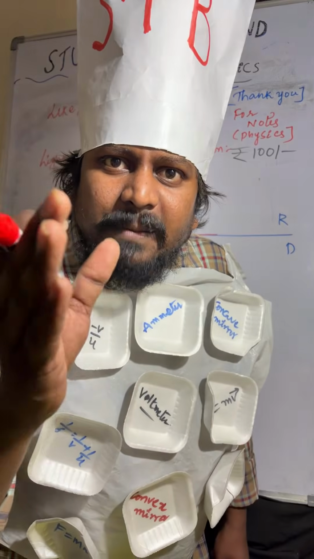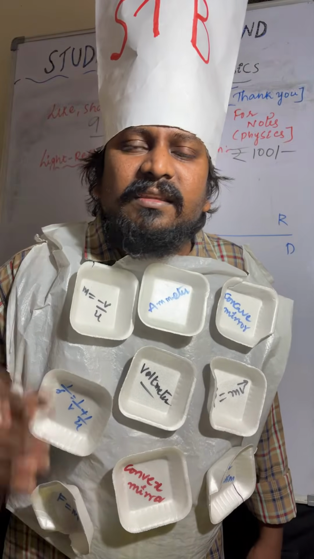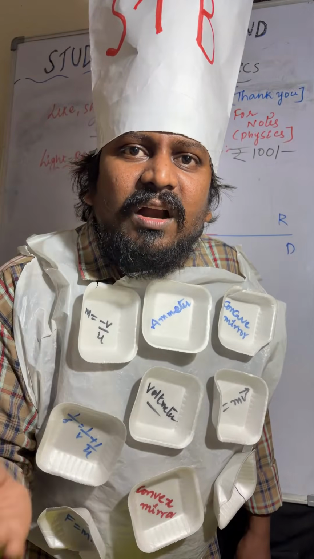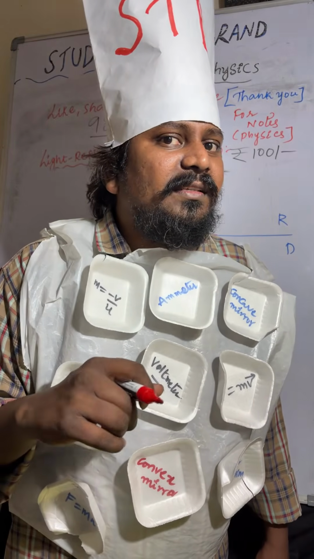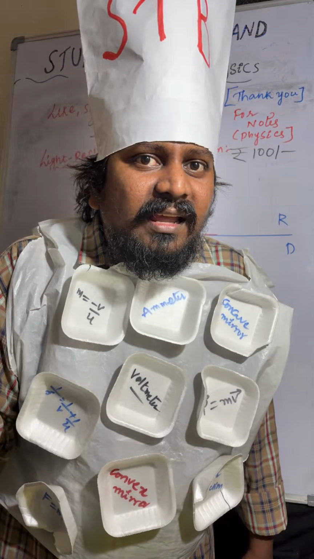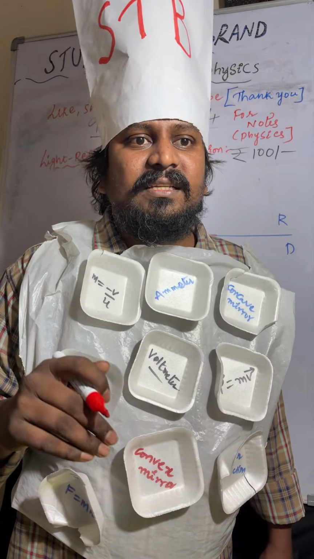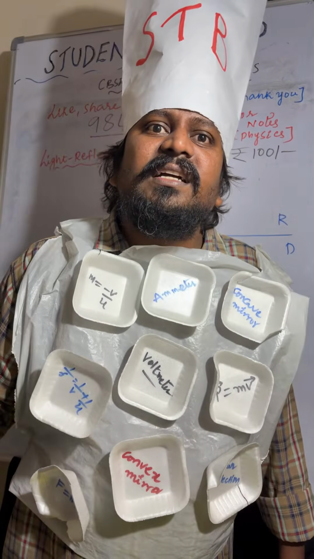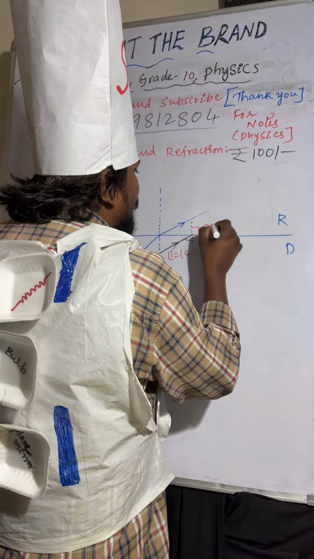That angle of incidence is called the critical angle. And one more point is here: the refracted ray makes 90 degrees with the normal line. So here you can see it is making 90 degrees with the normal line.